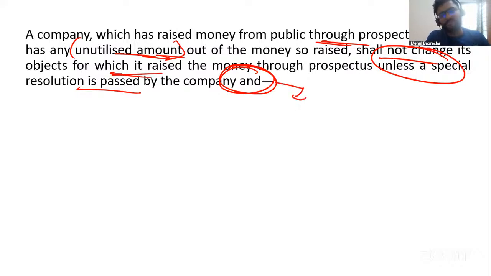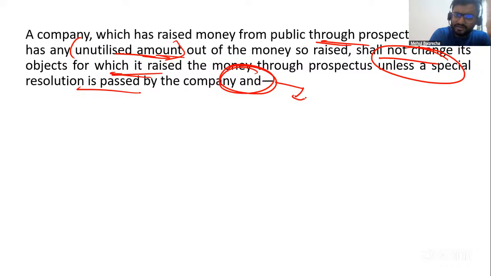MGT 40. I'll come to it. If I have raised money from public by issuing a prospectus, which is inviting public to subscribe to my securities, I cannot change the objective for the unutilized amount. I have that 90 crores.